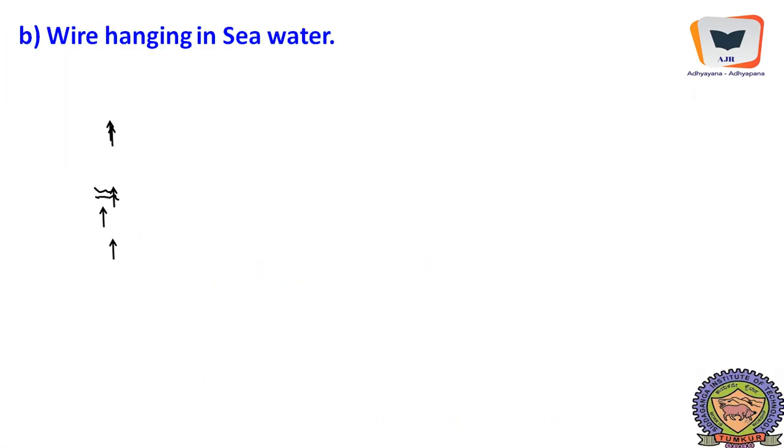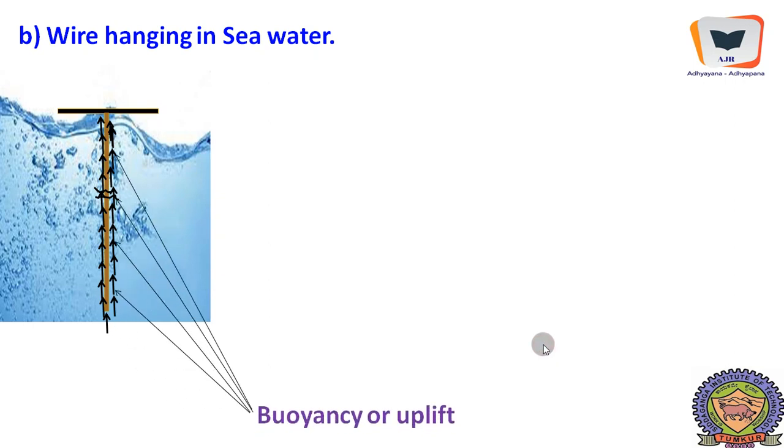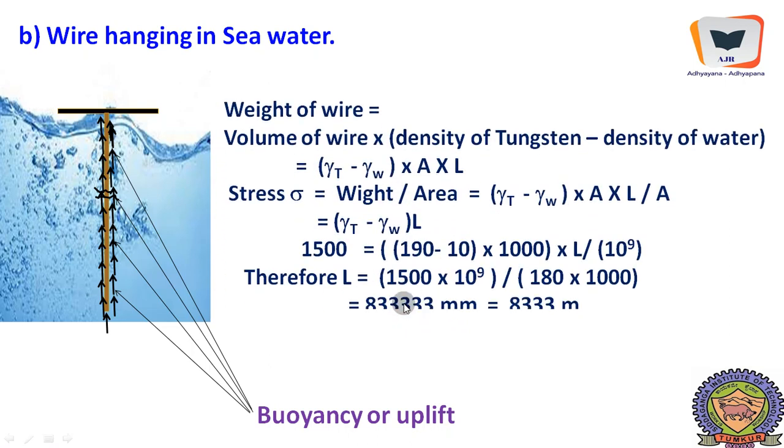On the other hand, if we just submerge this tungsten wire in water, of course water will come up with buoyancy. It's going to have some kind of an uplift pressure. Okay, it's going to reduce the weight to some extent. The reduction in the weight comes from the fact of its unit weight or its density, so that should be negated.